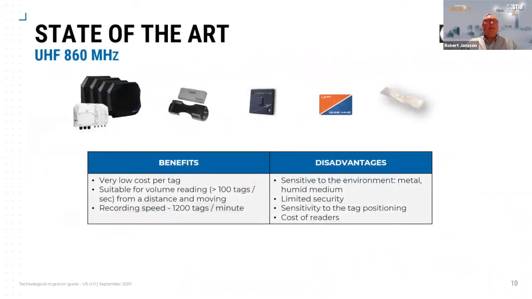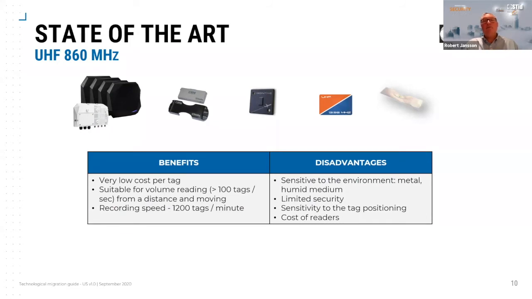We also look at the ultra-high frequency. The ultra-high frequency that you might have installed already is made for vehicle access for long range. You can have up to maybe 15 meters in read range, sometimes even more with the right tokens. Very low cost per tag. And if you want to read a lot of tags at the same time, ultra-high frequency is a really good solution.